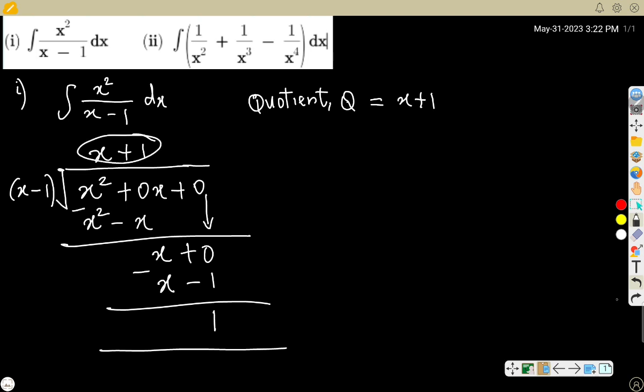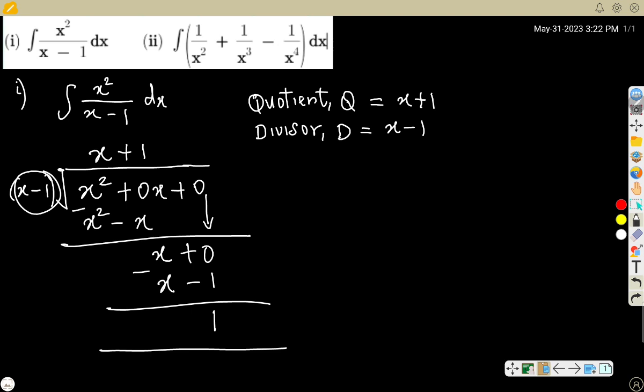Divisor, we represent divisor as d, that is x minus 1.